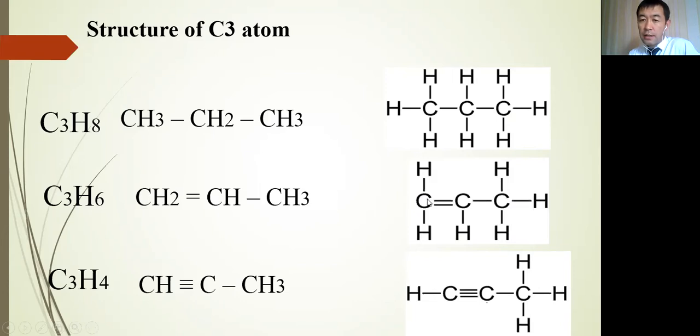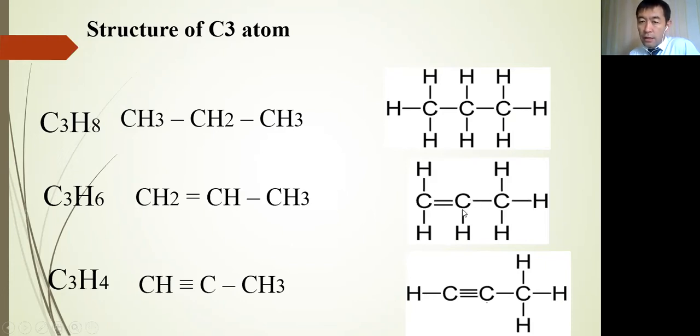Okay, there is a double bond between these 2 carbons, and this carbon used 2 electrons here, and this carbon has another 2 electrons. It can have 2 hydrogens. In the case of this carbon, it used 2 electrons here, and it used 1 electron between these 2 carbons.